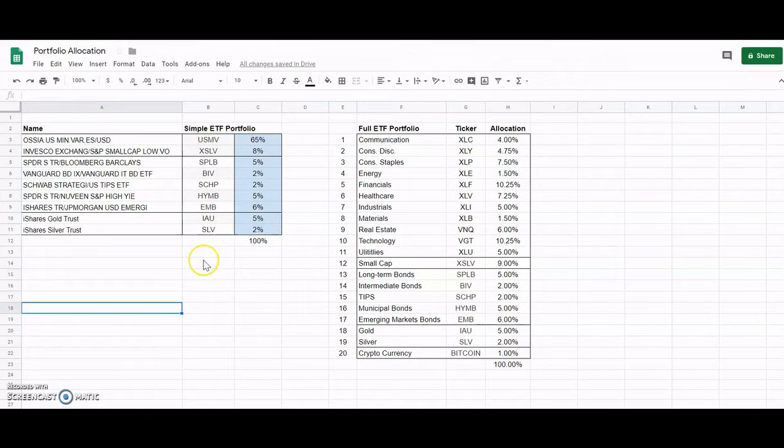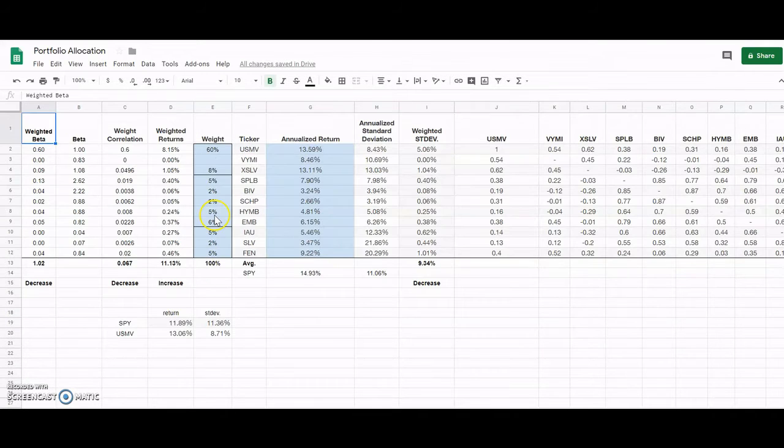Through my research, in my opinion, I found that USMV, I like using Morningstar.com, you can find some of the past data, and it has higher returns and less volatility. So in this portfolio, I put USMV instead of SPY. So if we go here, you can see SPY, the average return of the last 15 years was 11.89% with a standard deviation of 11.36%.